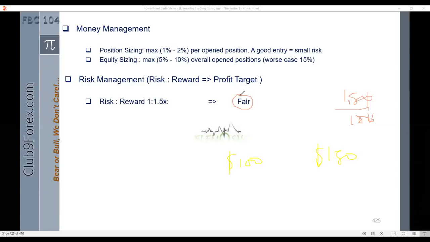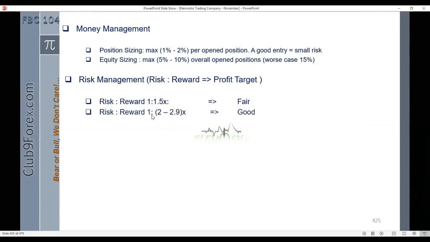Anything below that means that you are not ensuring adequate risk management. But if your risk reward is about 1 to 2 or 1 to 2.9, that is in the range of 2 to 2.9, then it is good. So let's say, for instance, you are risking $100 per trade, however by the time you make profit, your profit is about $250.